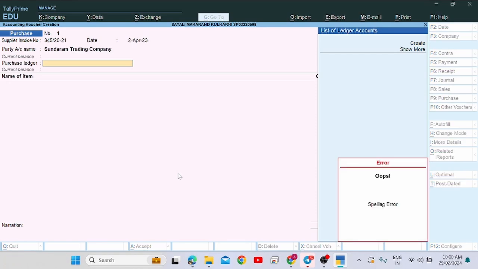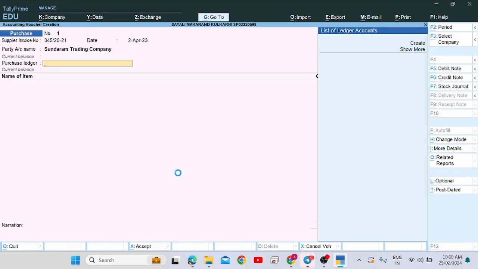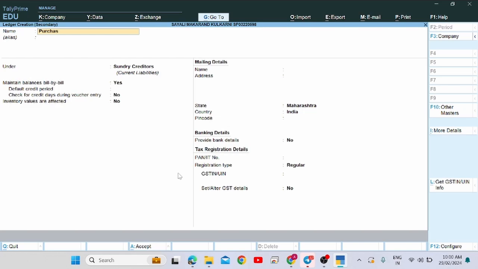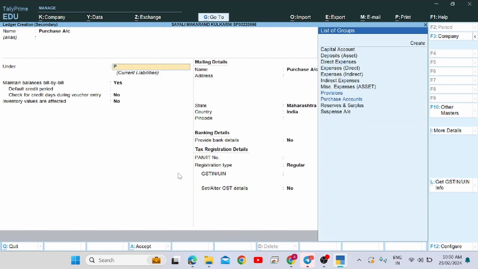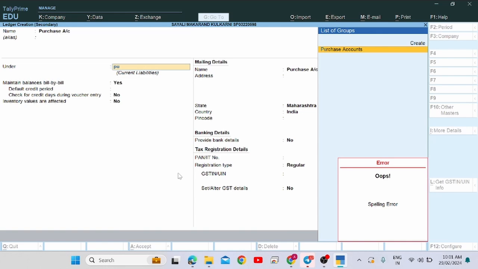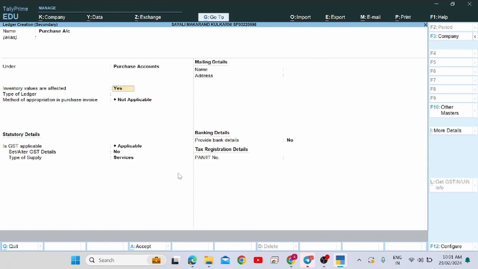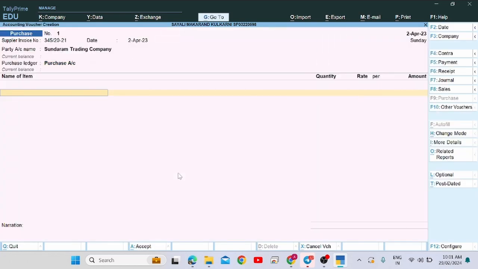Here do you have purchase account? No, we don't have purchase account, therefore create this purchase account. Under what? Under the purchase accounts group only. Therefore select that group. Inventory affected and all, don't change anything, just simply accept it.